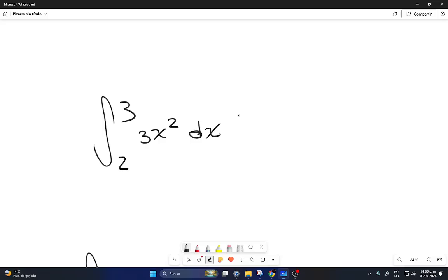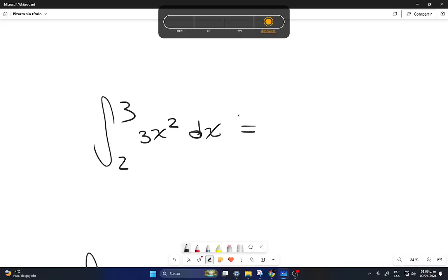So how do we do that? First of all, we need to integrate this, okay? And we are going to manage the notation a little bit differently. So first, let's find the antiderivative, which is basically the integral for this term.